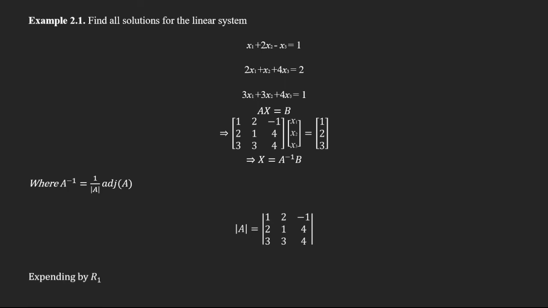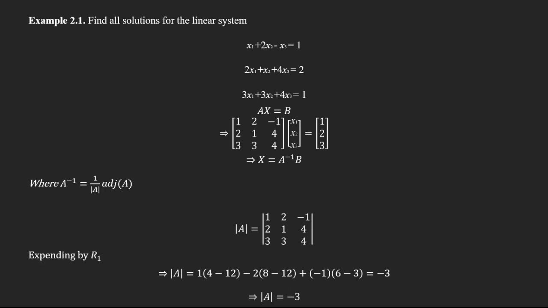Expanding by row 1, what will we get? The determinant of A is equal to 1 into, we ignore this column and this row, 4 1s are 4, minus 4 3s are 12, minus 2 times, since we are expanding by row 1. The position of that entry is 1 2, and 1 plus 2 is 3, which is odd, so we write a negative sign.